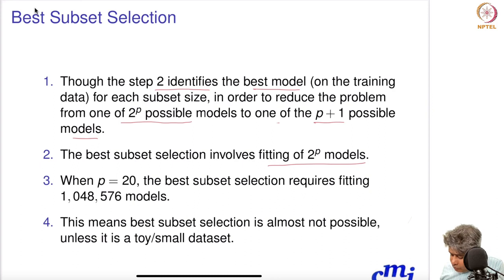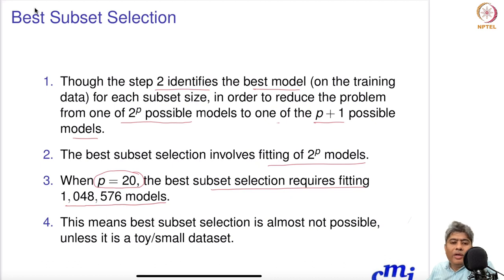Like if you choose p equal to 20, best subset selection requires fitting 1,048,576 models. And p equal to 20 is a very small data set. In today's world, p equal to 20 is a modest data set.